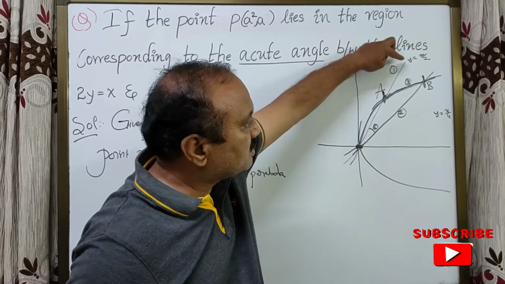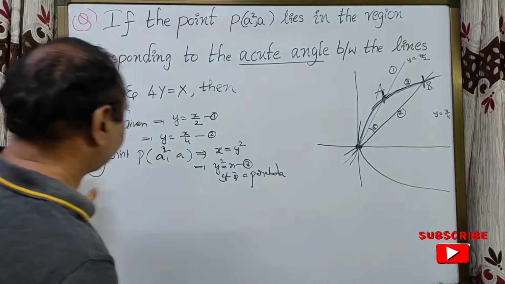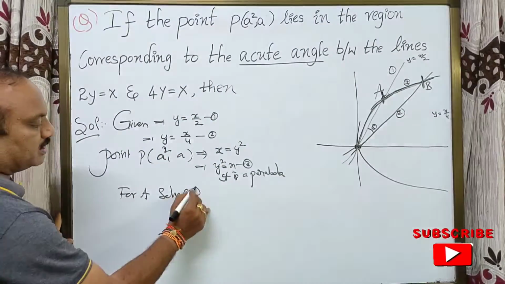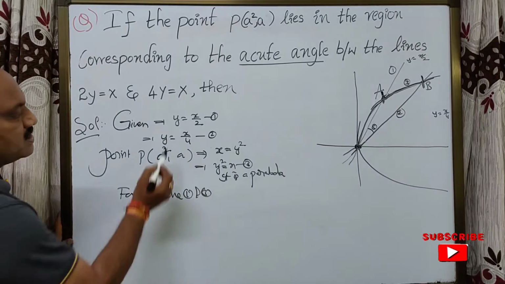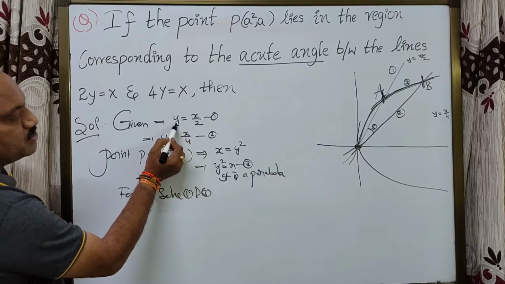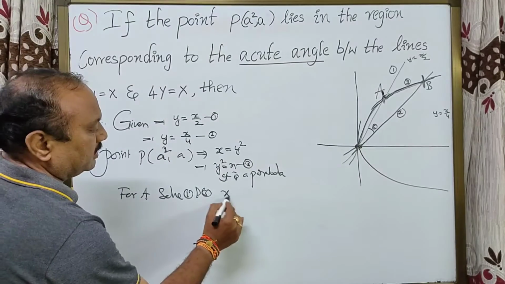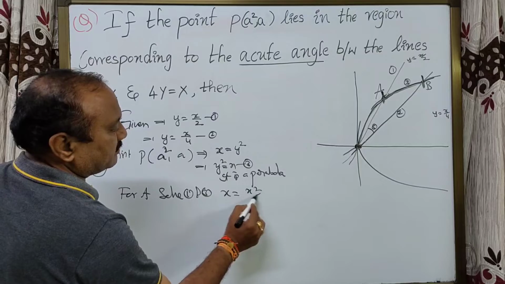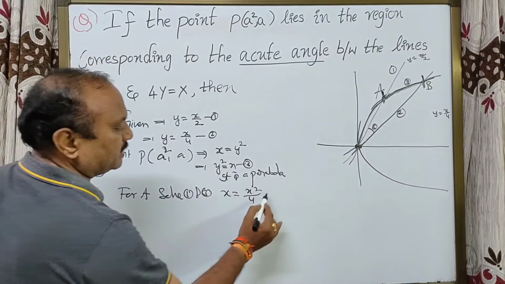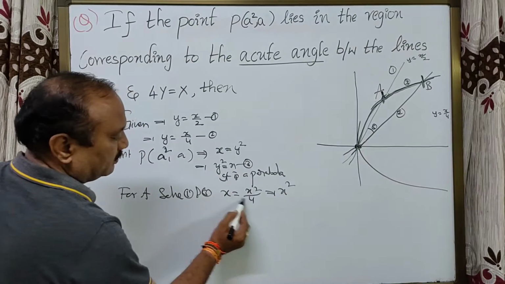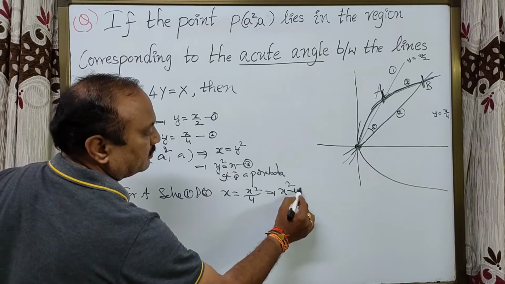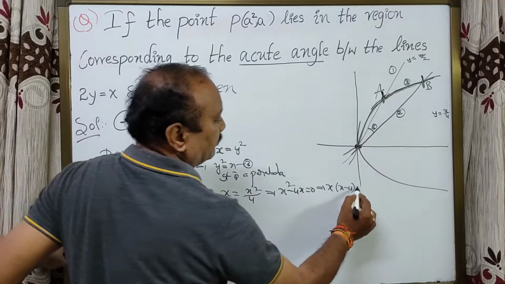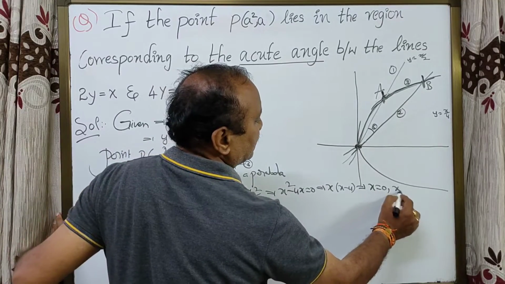For A, solve this line and curve, that is, solve 1 and 3. Here y equals x/2. Substitute the y value: x equals x²/4. Cross multiply: x² equals 4x. Take that side and take x common. From this, x equals 0 or x equals 4.